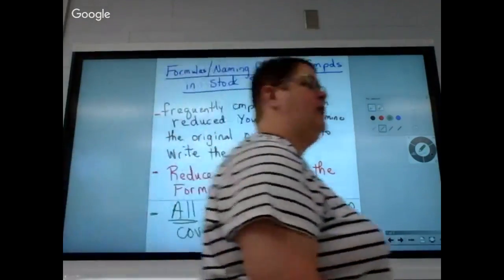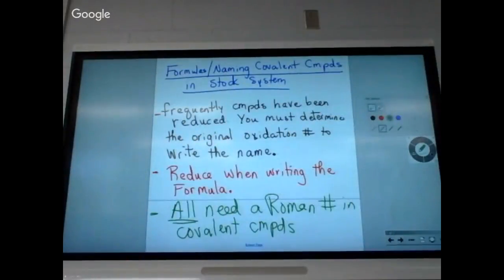Every single covalent compound has multiple oxidation numbers. Every single one. When you look them up, they're going to have multiple oxidation numbers.